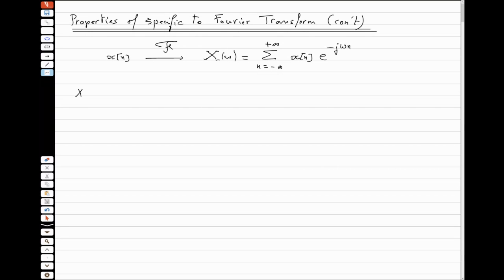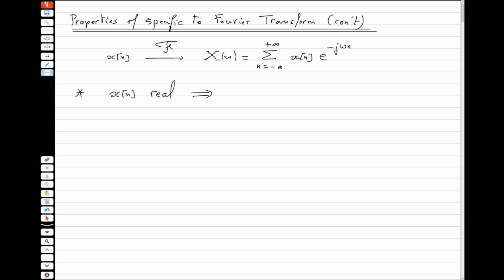Assume now that x of n is real. The danger is to say that X of omega is real. I mean, this is typically the type of mistake I hear. But obviously, if x of n is real and this is not real, then there's no reason for the whole thing to be real.